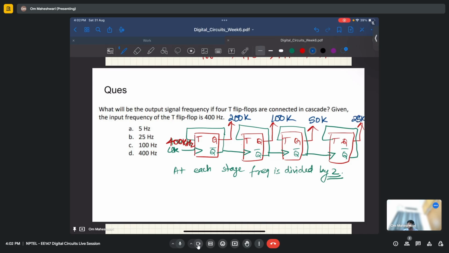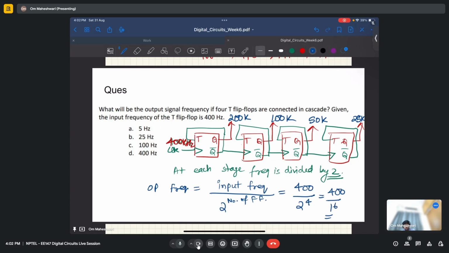So your output frequency equals input frequency divided by 2 to the power number of flip-flops, which is 400 divided by 2 to the power 4, which is 400 by 16, which is 25 hertz.